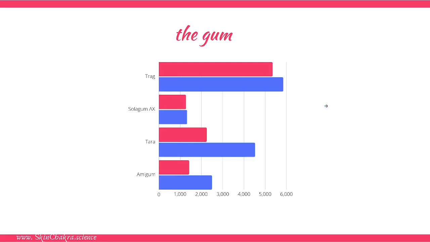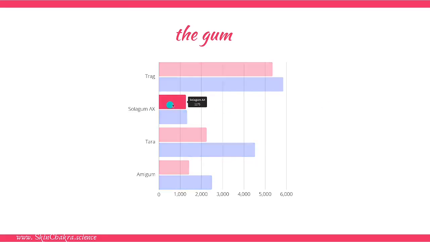Then the dispersion of the gum, the hydration of the gum, the temperature of the hydration plays a huge role again. Not for all of the gums. Some gums like Solagum AX are hydrated perfectly in cold water as well as in hot water.